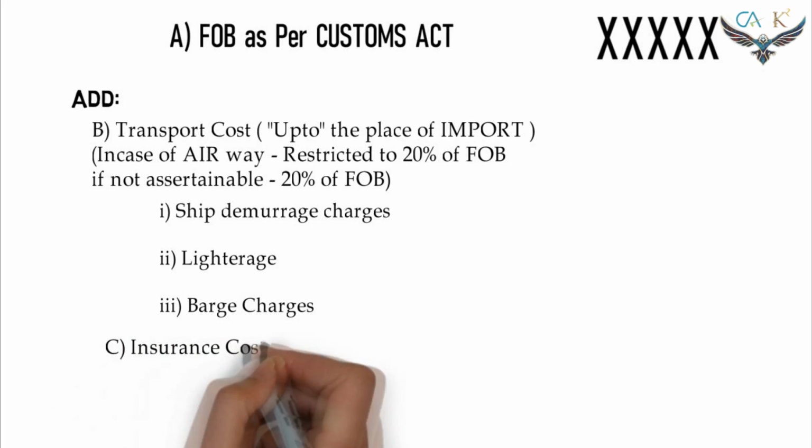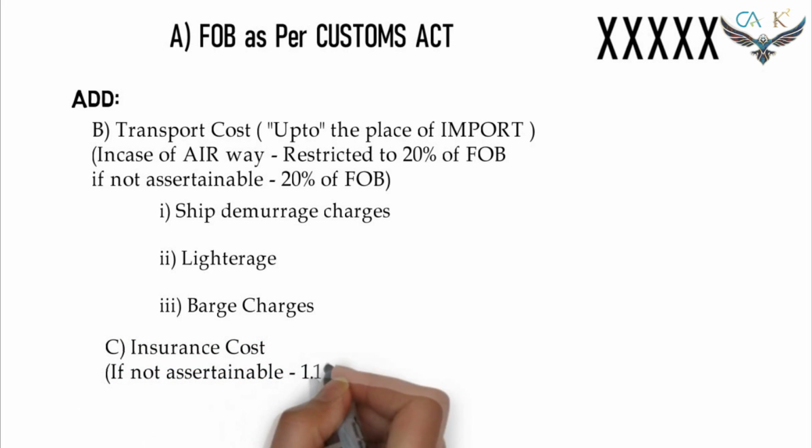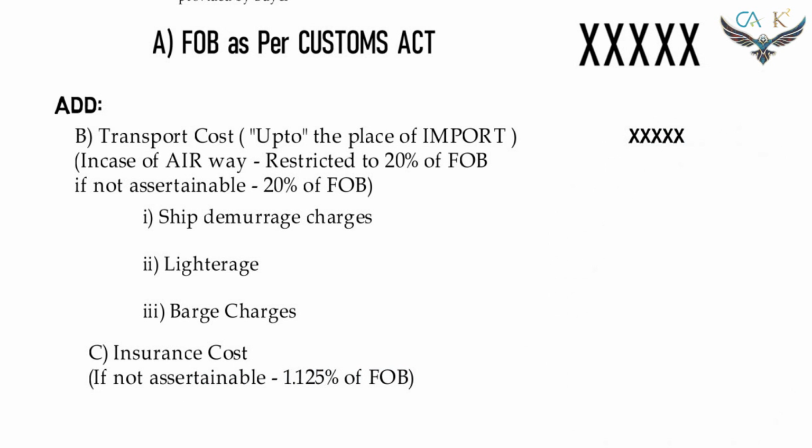And in case the insurance cost is not ascertainable, it shall be calculated at the rate of 1.125% on the FOB value. So both the transport cost and the insurance cost shall be added in order to arrive at the CIF value.